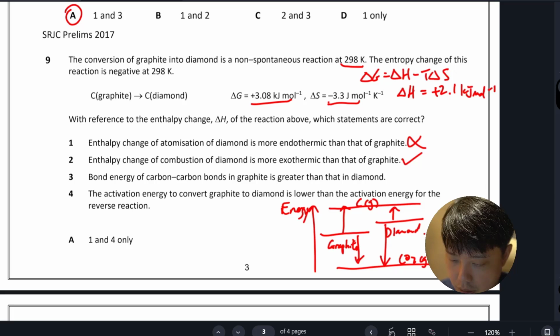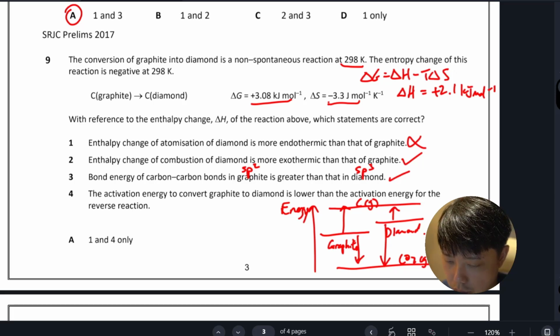Statement 3, bond energy of carbon-carbon bonds in graphite is greater than in diamond. Yes, that is also true because graphite is sp2 hybridized, diamond is sp3. So sp2 has better orbital overlap. Statement 3 is okay.